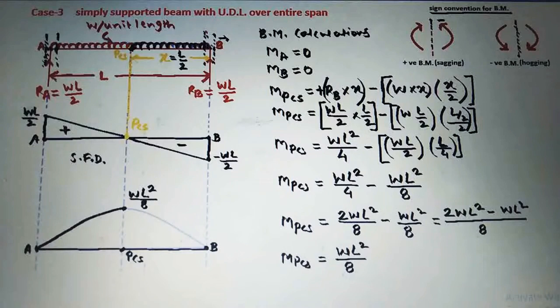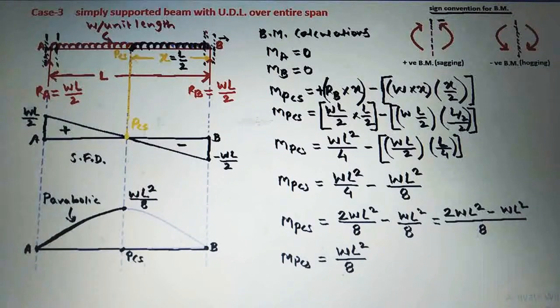It will be the parabolic curve between A and the point of contrast shear. So the bending moment diagram between the point A and the point of contrast shear is the parabolic curve.